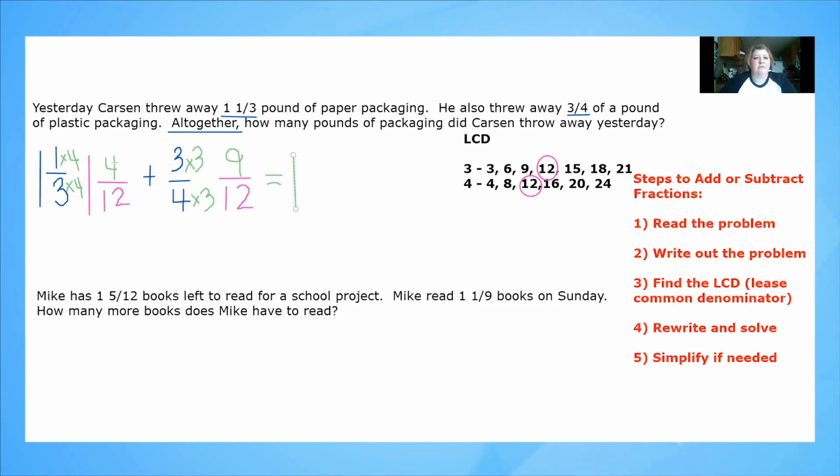And then we have 4 plus 9. 9 plus 4 equals 13. And my denominator is going to stay the same since we found a common denominator. My denominator will still be 12.